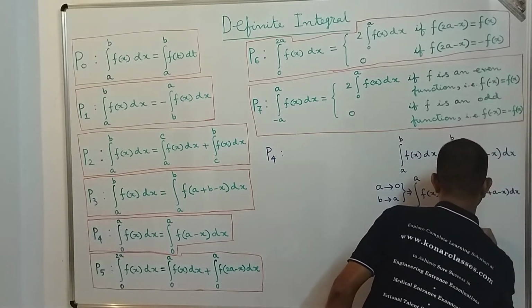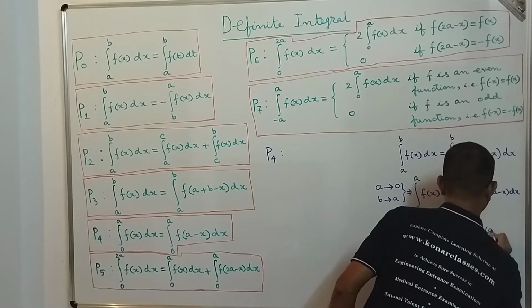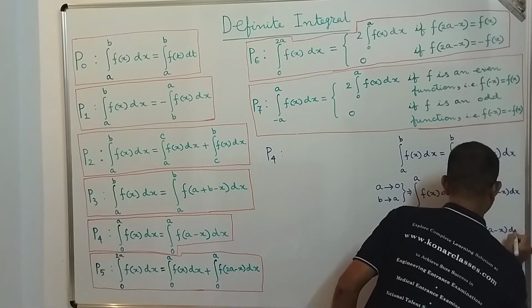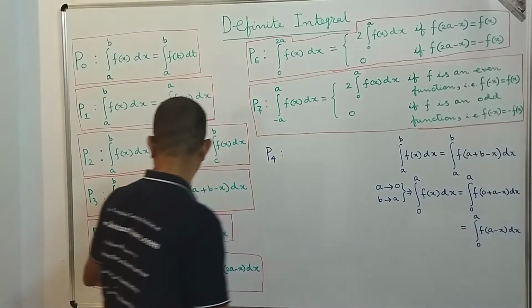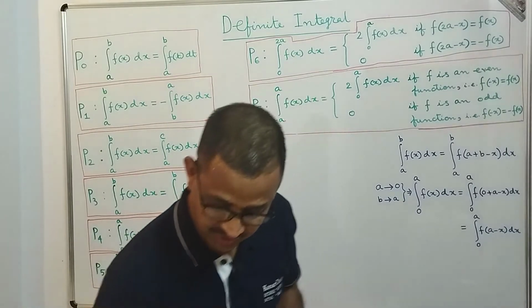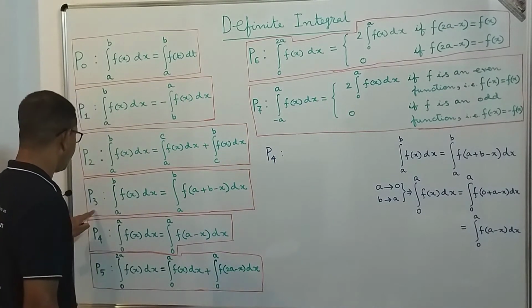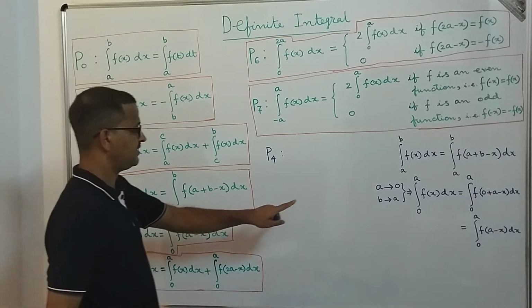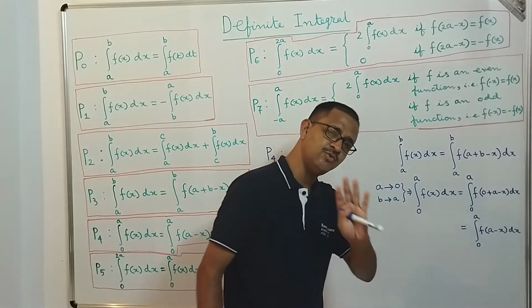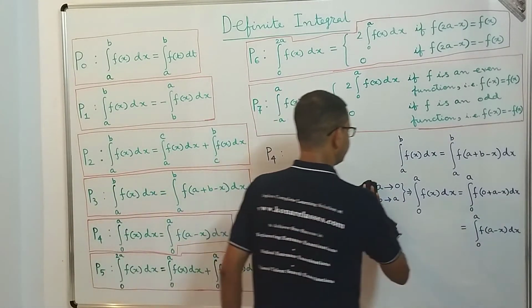So that is equal to integration 0 to a f(a - x) dx, which is nothing but the right hand side of property P4. So the way to prove property P4 is that first you prove property P3 and then you take that specific value of a and b and you are done. But in general also you can prove it. So let us prove that one. Okay.